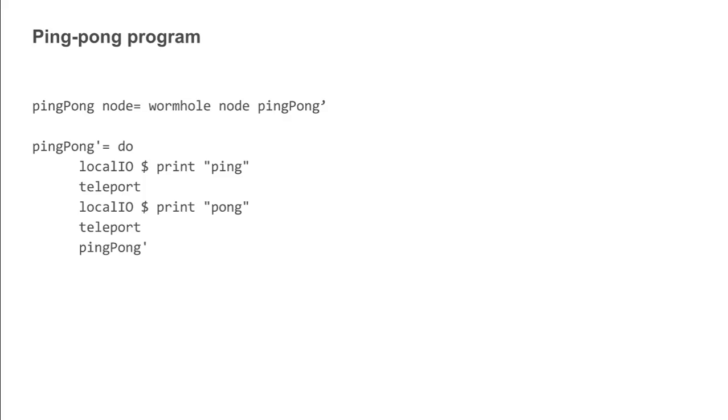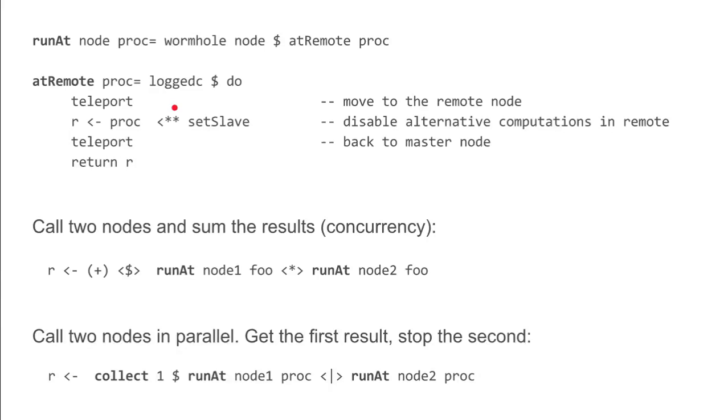This is a ping pong program using wormhole and teleport. What we do is teleport and print the message, teleport prints the other message, so each time the one another node prints ping and pong, because it is in a loop using a communication opened by wormhole. We can create high-level primitives with wormhole and teleport.